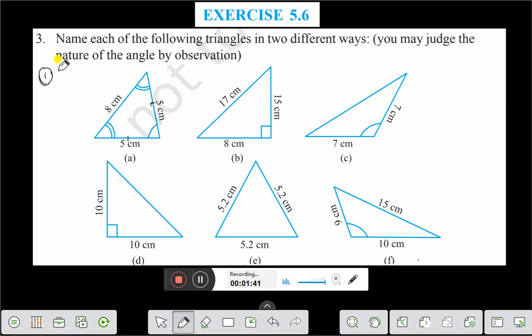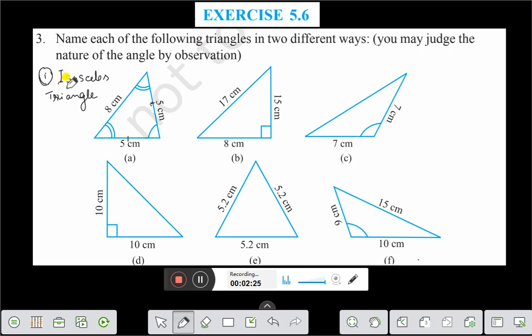Naming of triangle according to side, it is known as isosceles triangle.